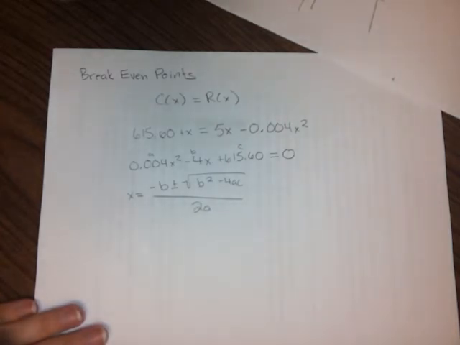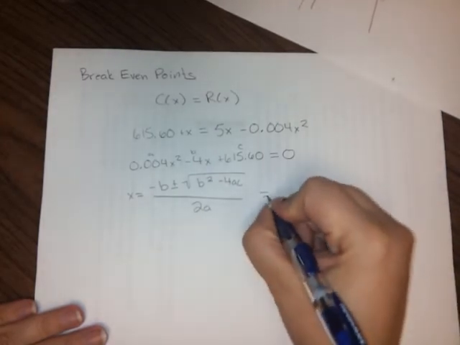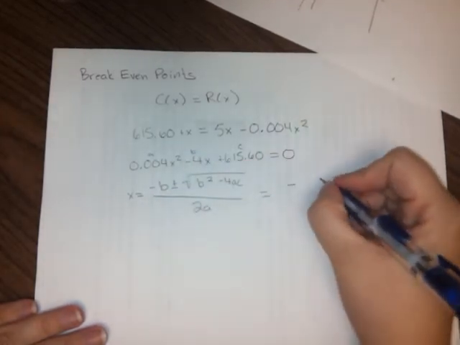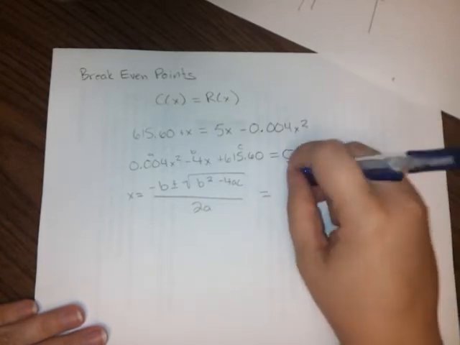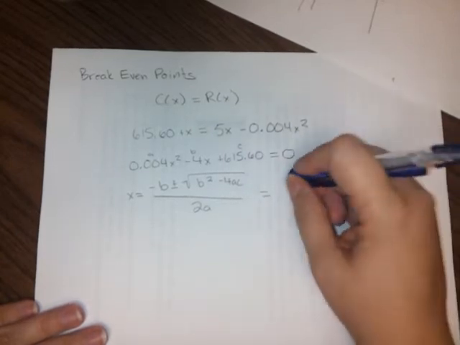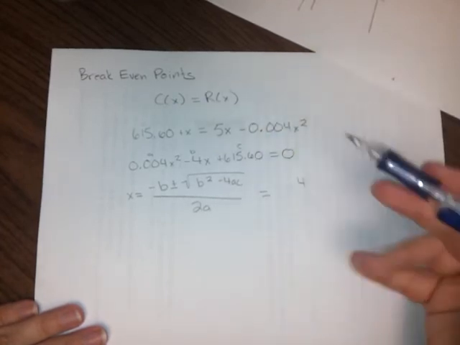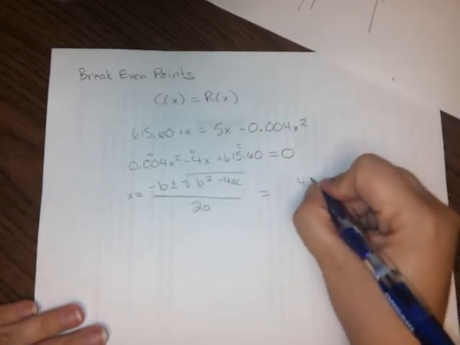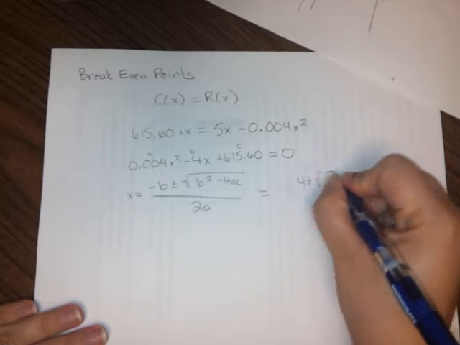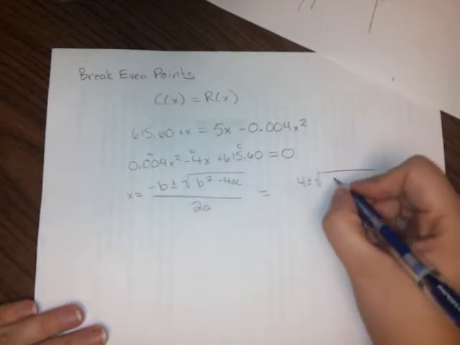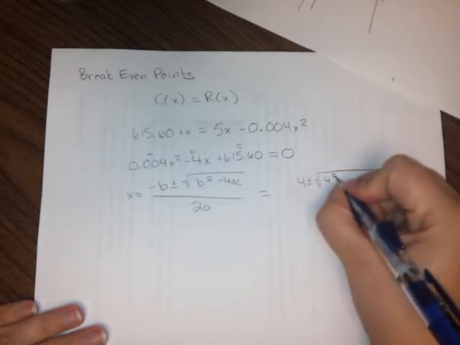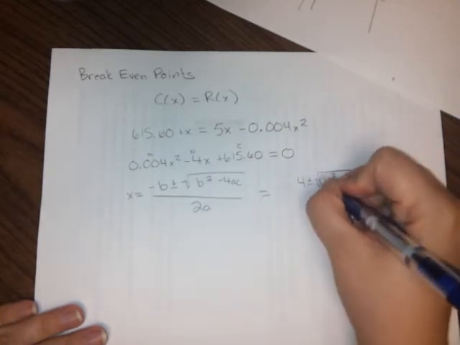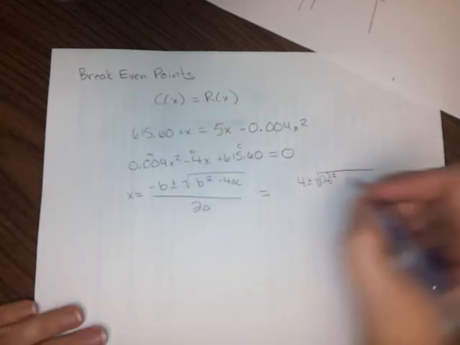Okay, so we continue now by filling everything in. So in this case, negative b, well, my b is negative 4. So negative, negative, that's actually a positive, and so we can kind of get rid of that plus sign there. I just want you to see where that came from and went to. And then we have plus or minus the square root of b squared. Well, negative 4 squared is going to be the exact same as 4 squared. It really doesn't matter, and I can actually put a negative 4 in there.